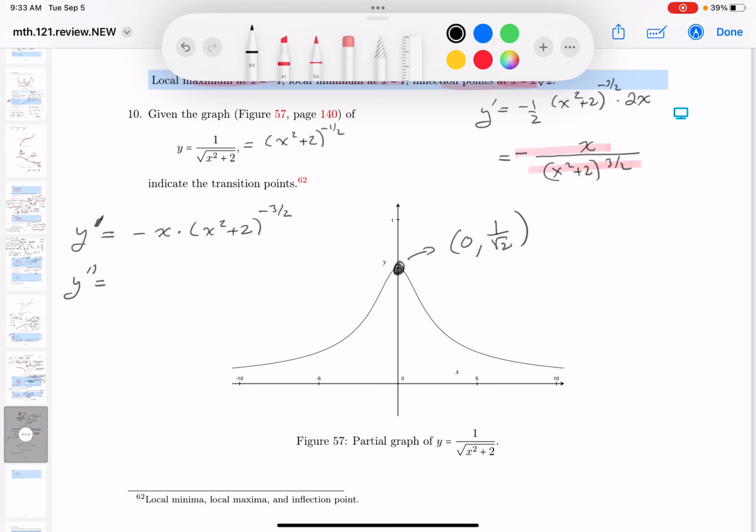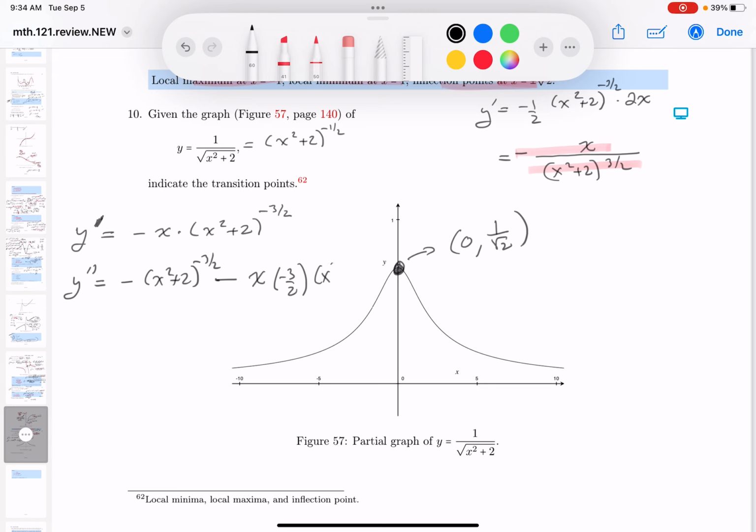I'm going to do the first function, which is minus x. So I'll say it's minus 1 times, whoops, not times, plus. Actually, it's going to be minus because I'm subtracting, right? x times the derivative of the second function, which is going to be minus 3/2.